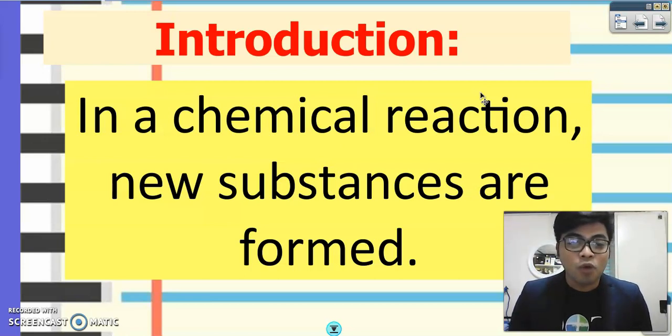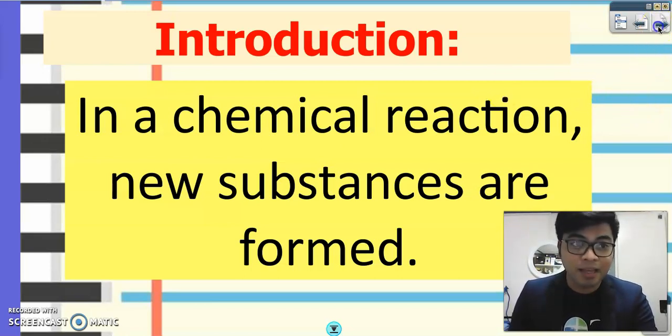For example, we did the chemical reaction between potassium permanganate and a certain kind of chemical, forming a new substance, okay? And last time we also experimented with the chemical reaction between potassium permanganate and chlorine, and we formed potassium chlorate. Those are just examples showing that chemical reactions are taking place because new substances are being formed.